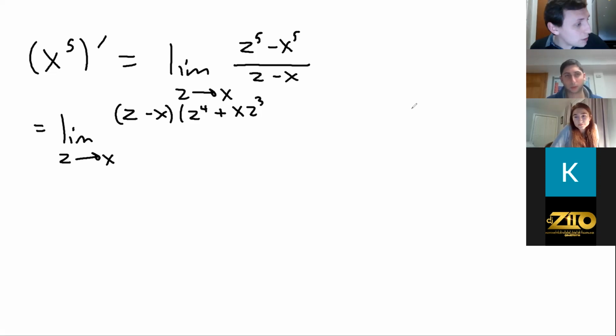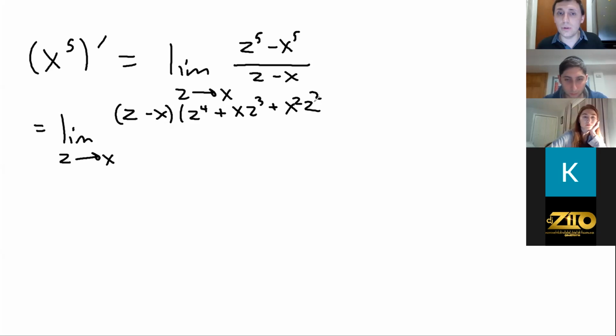So the next thing is what? Next is what? x squared z squared. Do you see what happens? The powers of x and z add up to 4.